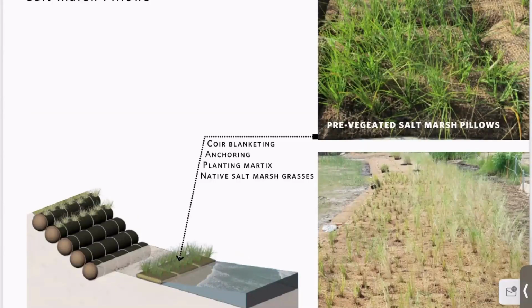Given that, you can't just go to the landscape supply and order up a new salt marsh. Salt marshes are rooted in a peat material, and peat is comprised of organic materials, live root materials, dead root materials, and then sediment. Those are the three primary ingredients of salt marsh peat.